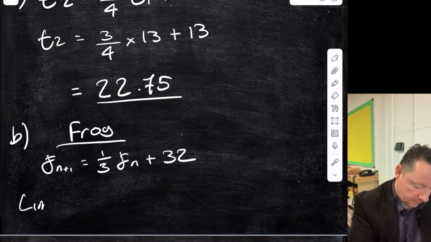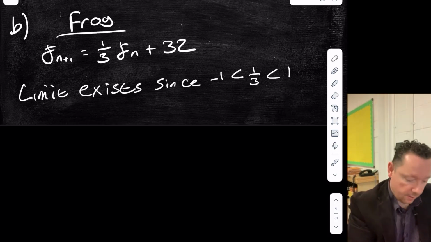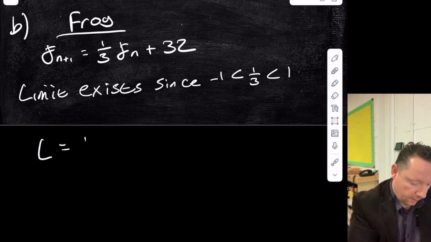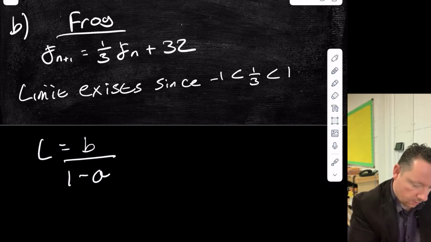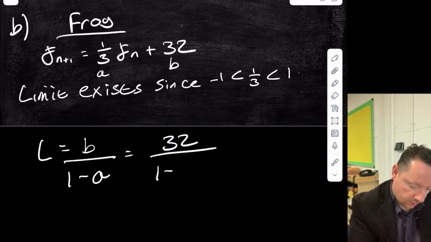So limit exists since -1 is less than a third, which is less than 1, and we can calculate that limit. So the limit, remember, is equal to b over 1 minus a, where that's my a and that's my b. So that equals 32 over 1 minus a third.